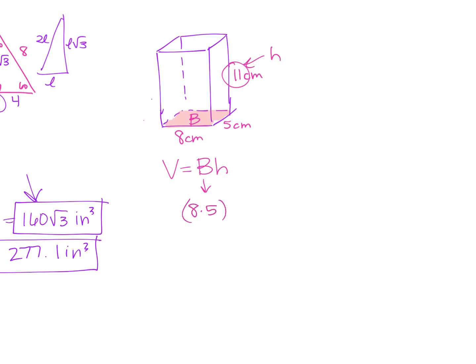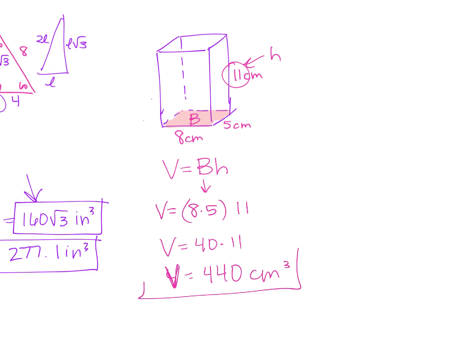It's going to be the 11, right? So 8 times 5 times 11 will be your volume. So 40 times 11, so your volume is 440 centimeters cubed. Questions on that? All right.